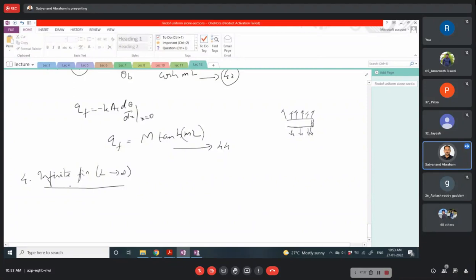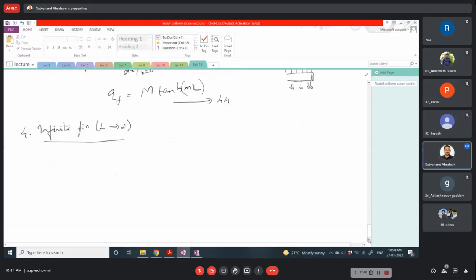Whether it is 1 kilometer length, can we consider it infinite, or can we consider 1 centimeter as infinitely long? Those things we will see, and what the proper length should be. Comparing these two, the infinitely long and adiabatic fin, we will see what the optimum length should be.